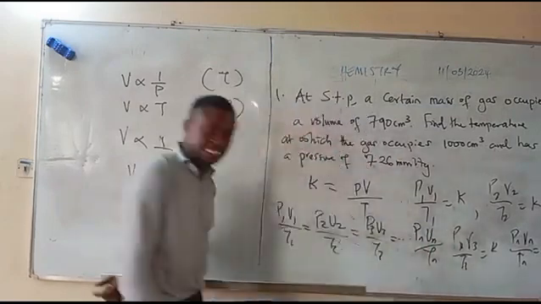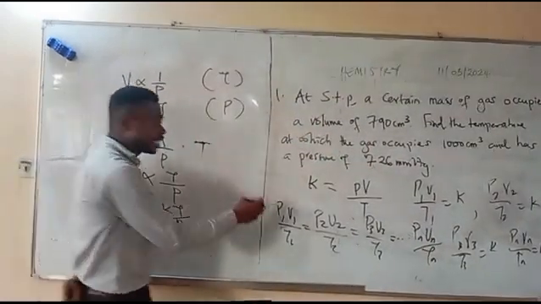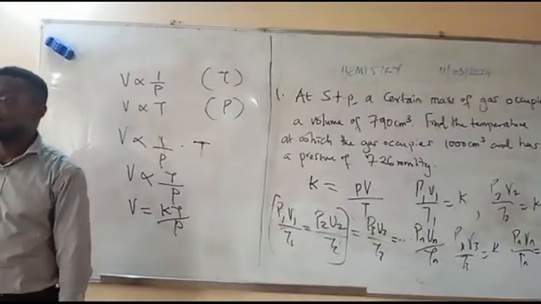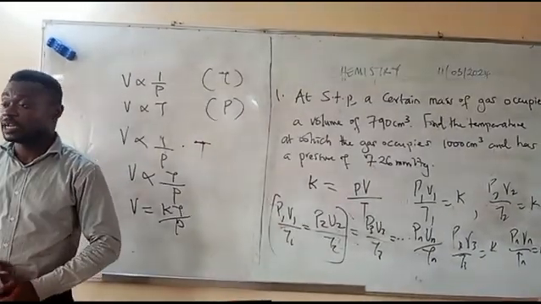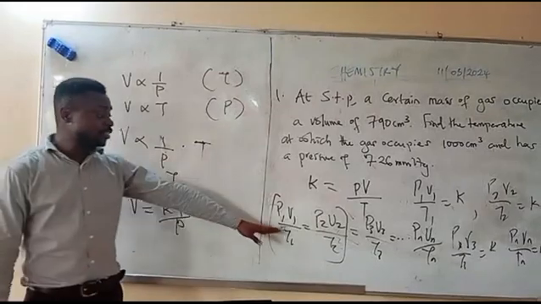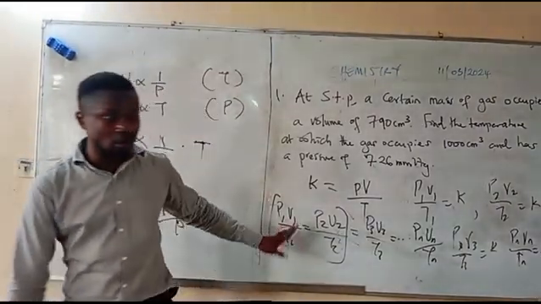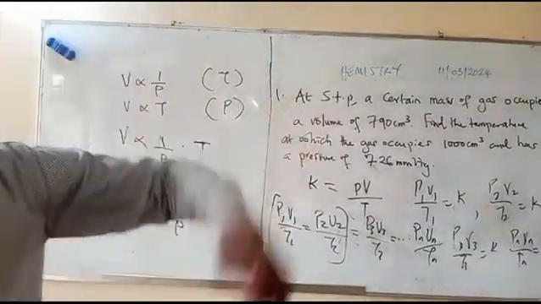That's the meaning. So you can just take the first two, and these first two give our general gas equation. Are we together? So these first two give us our general gas equation.